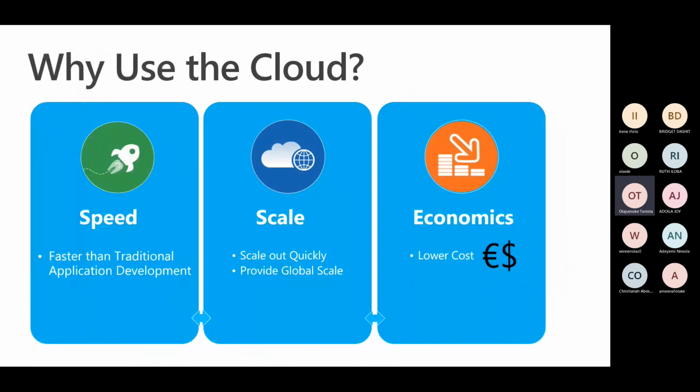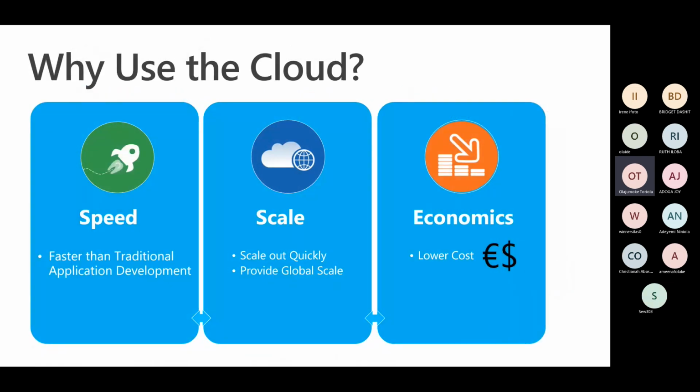So why use the cloud? We use the cloud because of what? Speed. It is faster than the traditional application development that you want to do on premise. You can scale out quickly. You can scale out, and you can scale in. It is the way you change packages with DSTV.